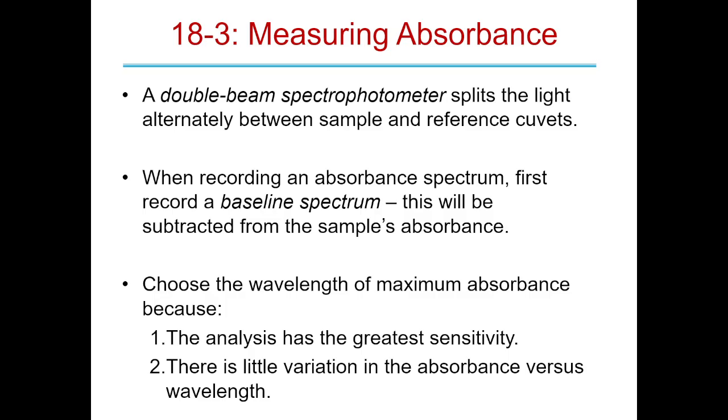Okay? By the way, that's why your number was negative for those. You had set your background as something that had a higher absorbance. Probably took your background from one of your other samples, one of your higher concentration samples. Does that make sense?